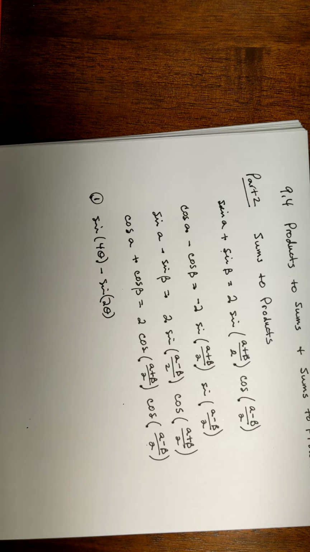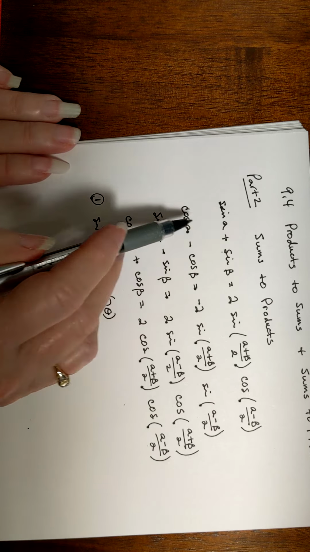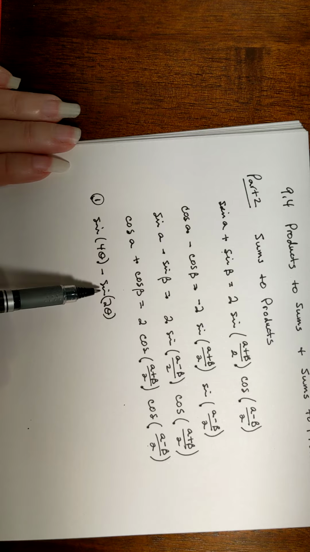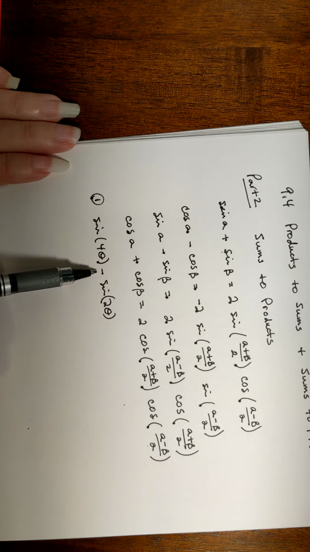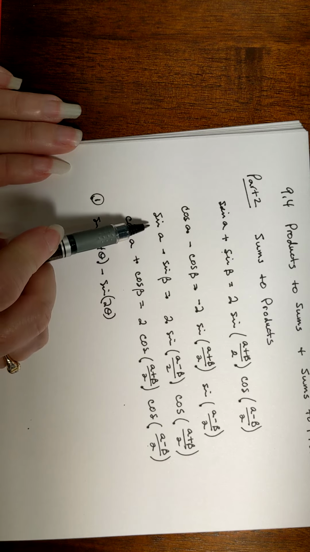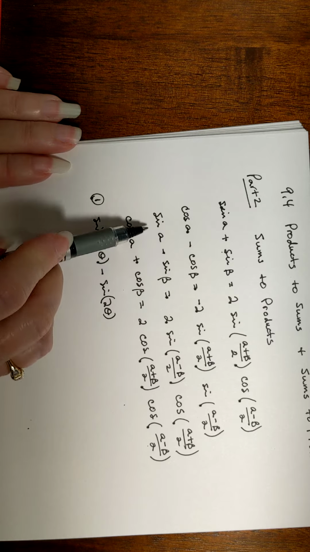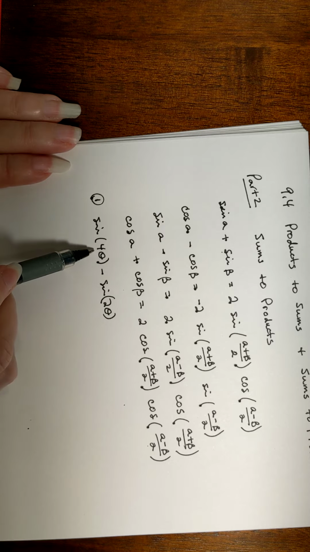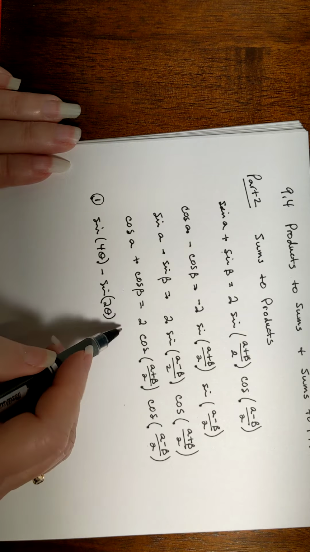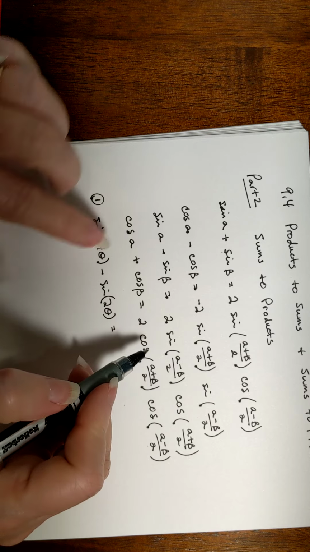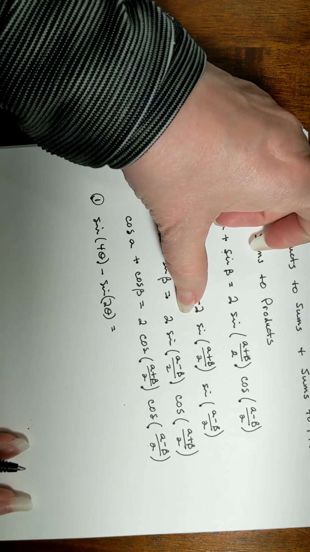So I look up here at my top equations and I look for where both of them are sines and they're being subtracted. So this is the sine of A minus the sine of B. That's what I have here. So A is 4 theta and B is 2 theta. So this is going to be using this formula.